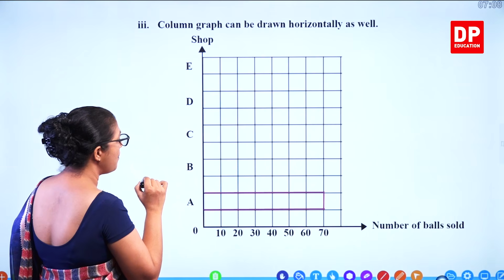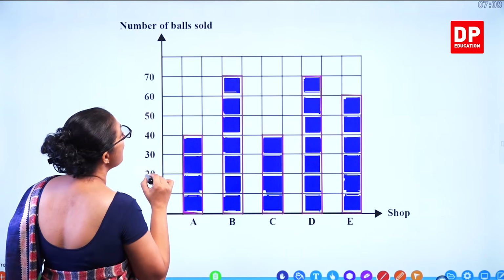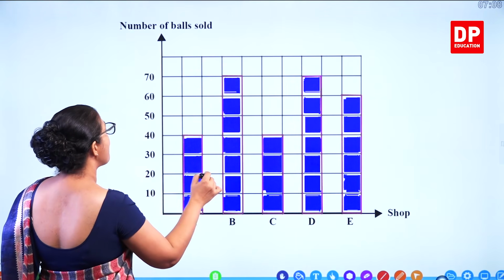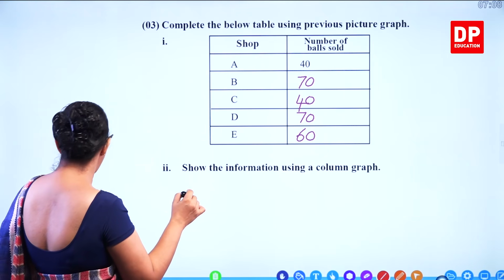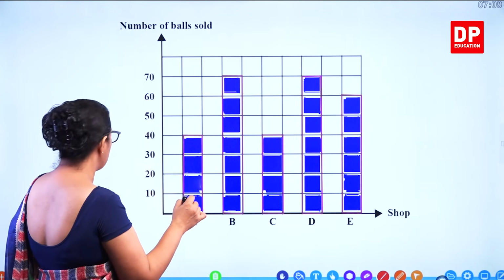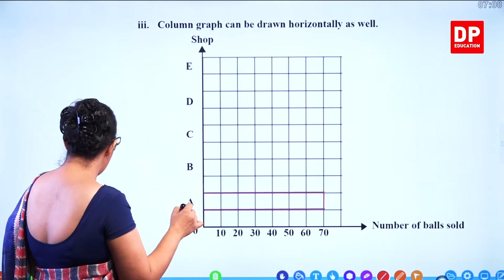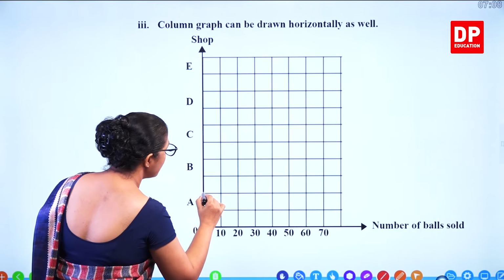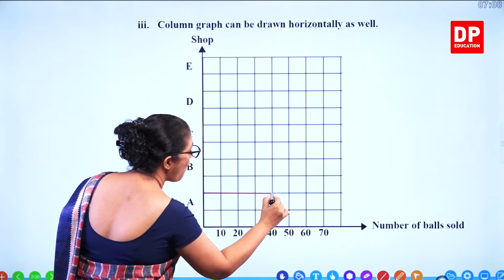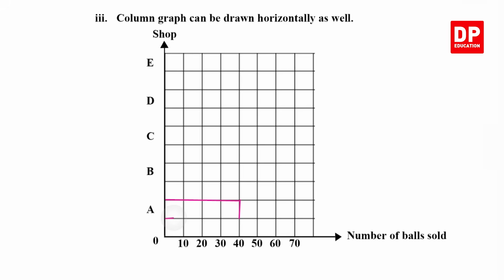And then B, can you remember? A is 40. B 70.